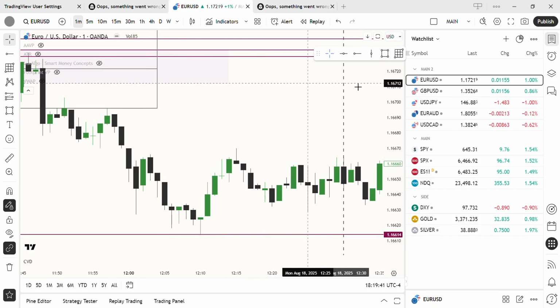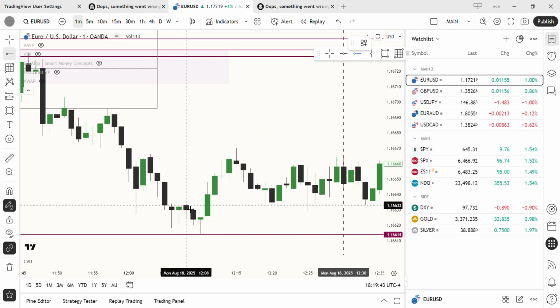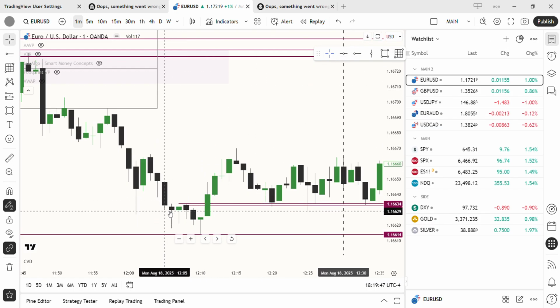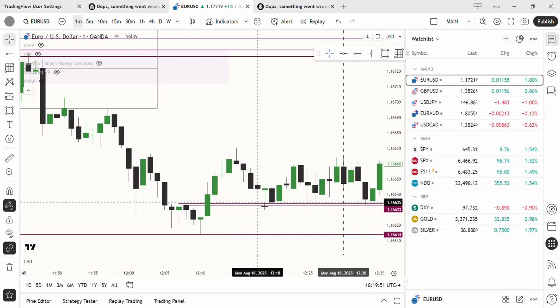Okay, what do we do? Bam, swing high right here, order block right there. Price breaks through, creates a new low, and then breaks structure down, and then fills the order block. So we wouldn't have taken this trade because create a low, then break structure down again, and well, almost break structure down, but the length of this and the way price doesn't really bounce off of these highs here.